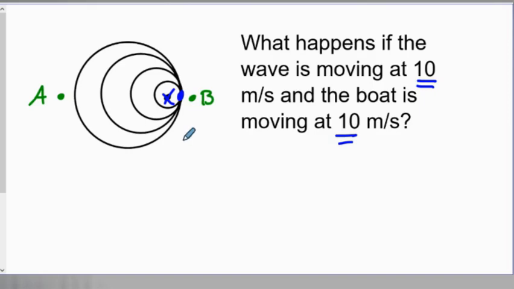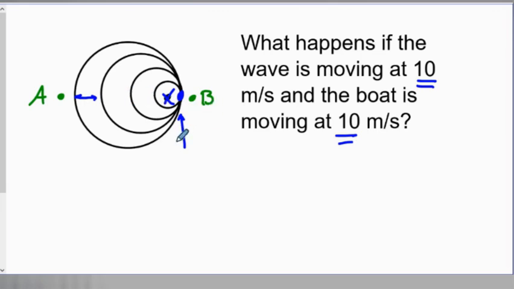And so all these waves here are all combined. So when person B experiences these waves, they're going to all hit at one time. Person A is still going to see these waves happening every once in a while. I think it's going to be probably even less frequent than before. And you could calculate it with the formula we did previously.